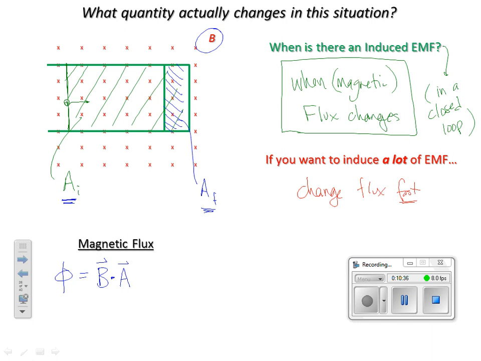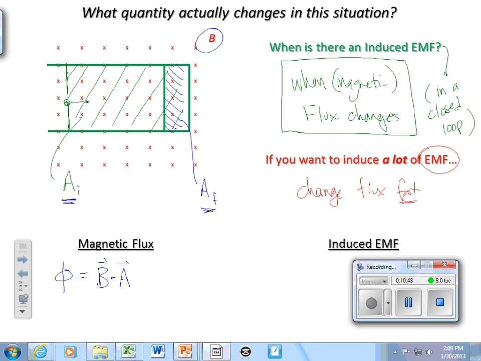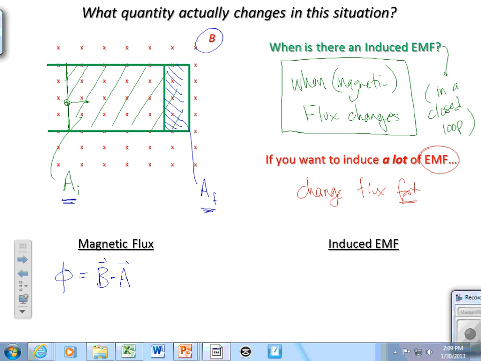So for the biggest possible EMF, change the flux as fast as you can. So induced EMF, there's an equation for it. It says that EMF induced is change in phi over change in t.